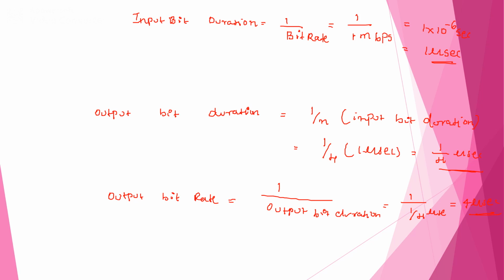So we know that the frame rate will be equal to input data rate. The input data rate is given as 1 megabits per second, that is equal to 1 into 10 raised to 6 bits per second.